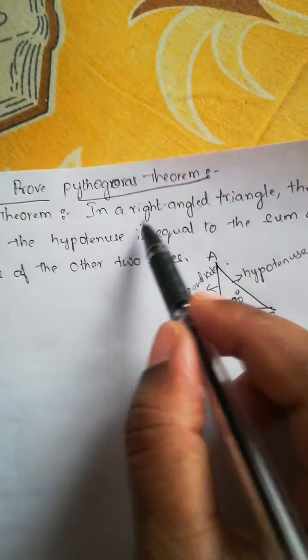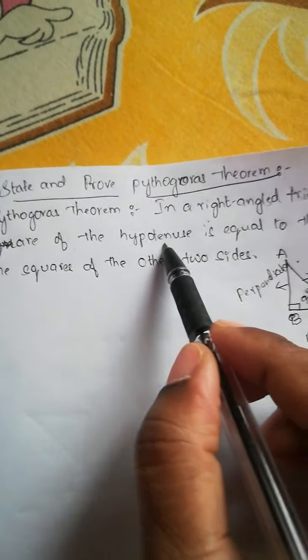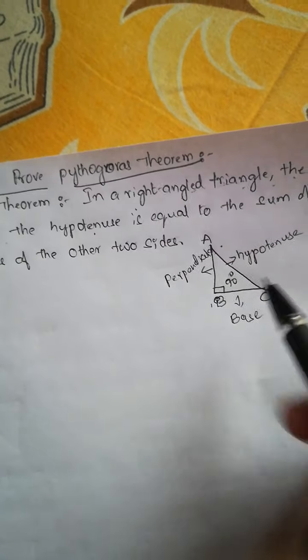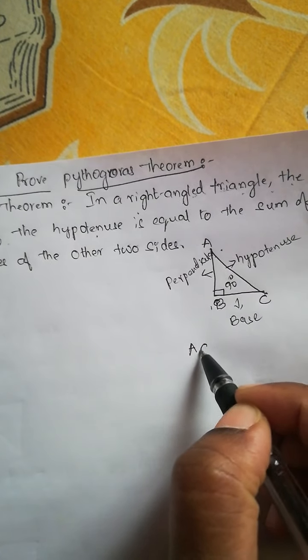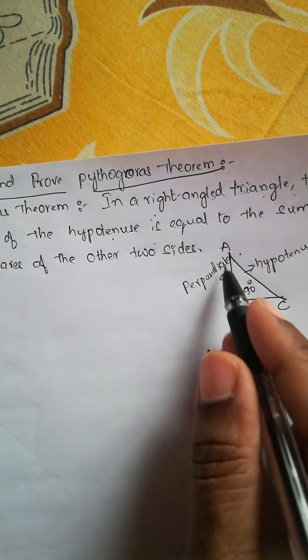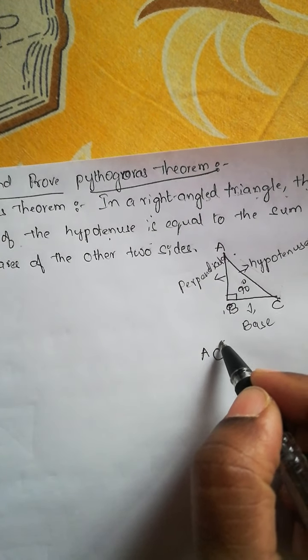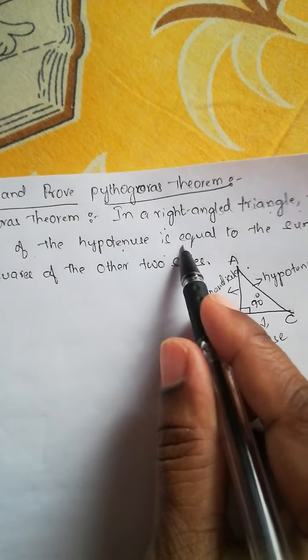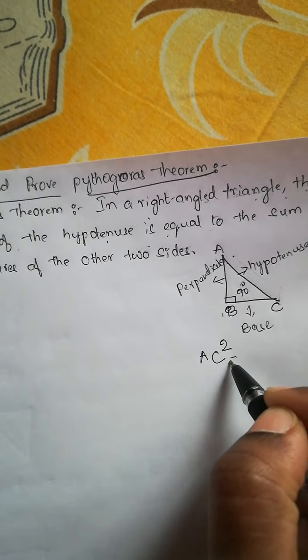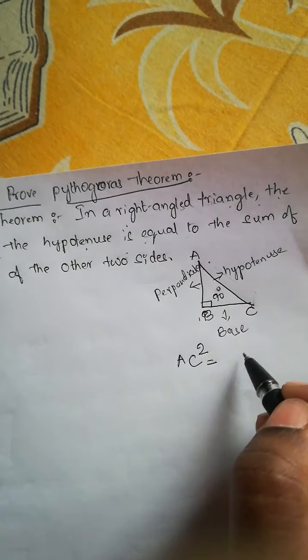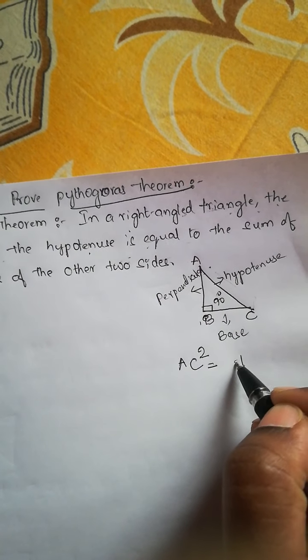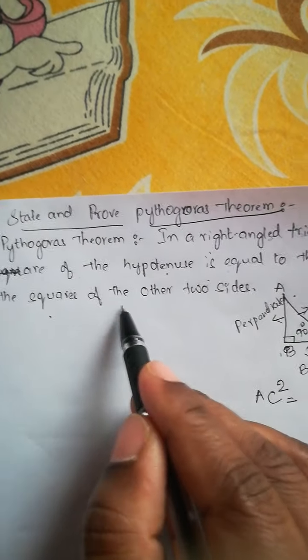It is given that in a right angled triangle, the square of the hypotenuse. What is the hypotenuse in this figure? AC. Square of the hypotenuse means AC square is equal to the sum of the squares of the other two sides.